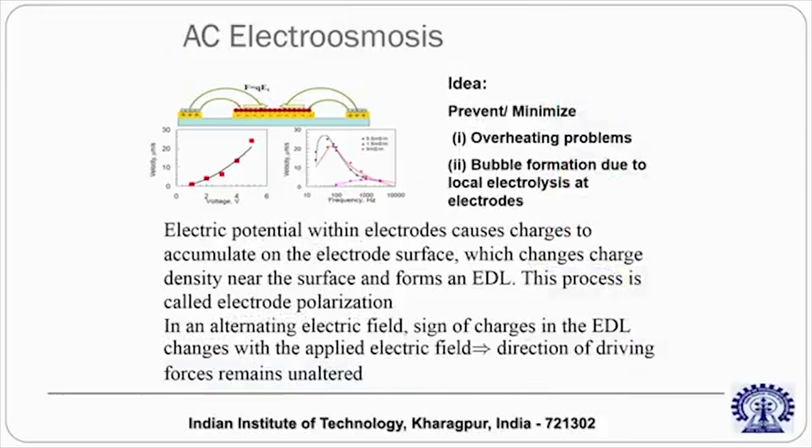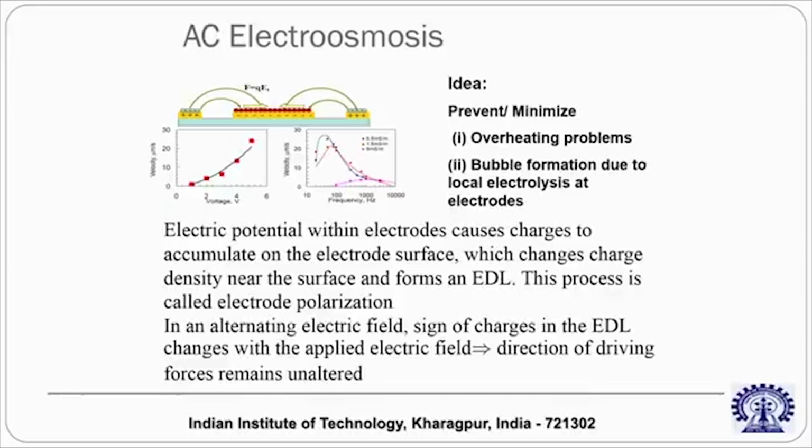AC electroosmosis. With the DC electroosmosis which I have explained earlier, it is associated with overheating problem and bubble formation due to local electrolysis at the electrode. So, this can be prevented by using an AC bias instead of a DC bias, and if you have an AC electric field on a surface then the surface charge also changes with time and the force and the electric field also changes with time.